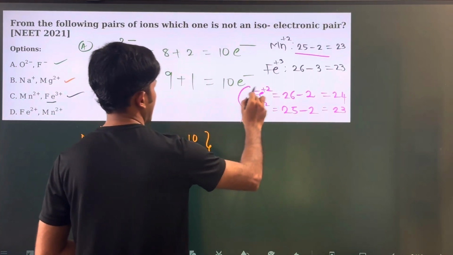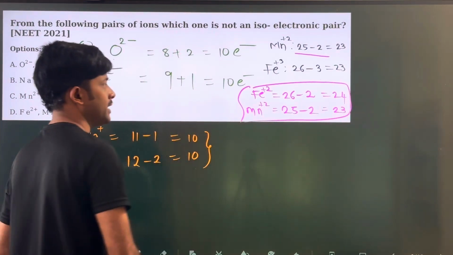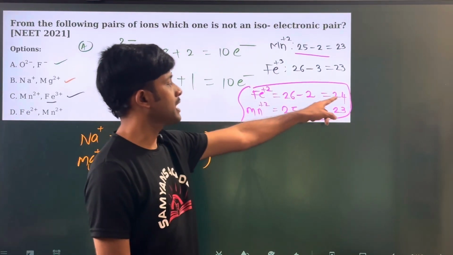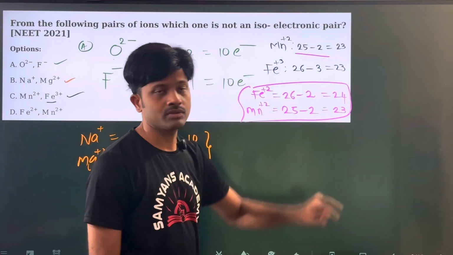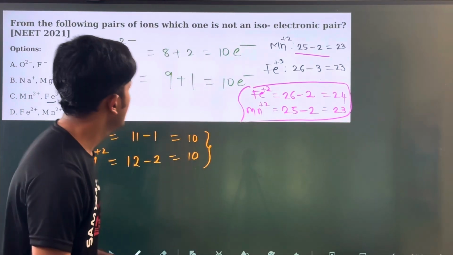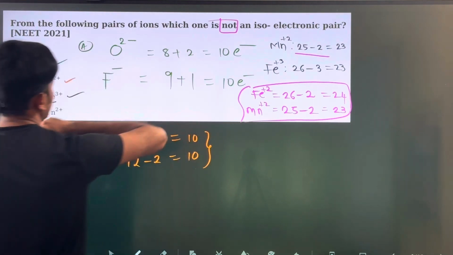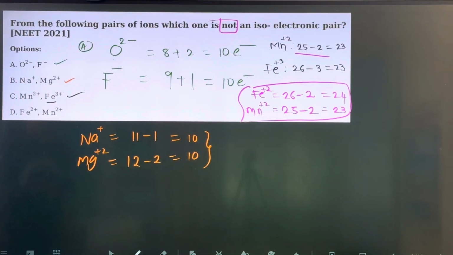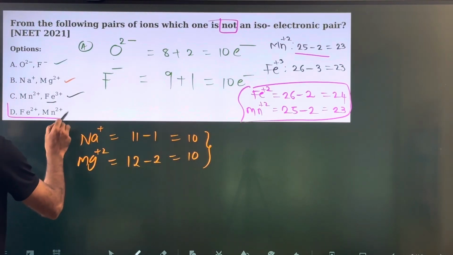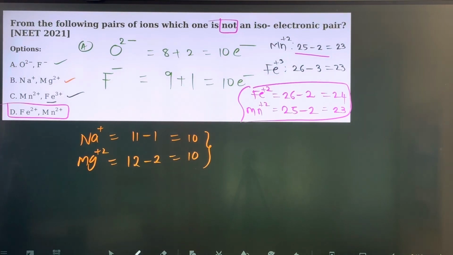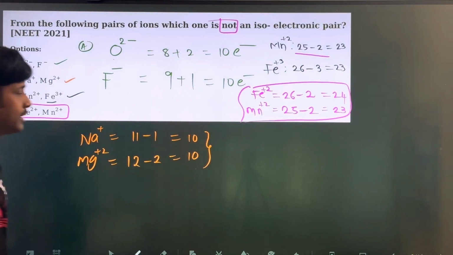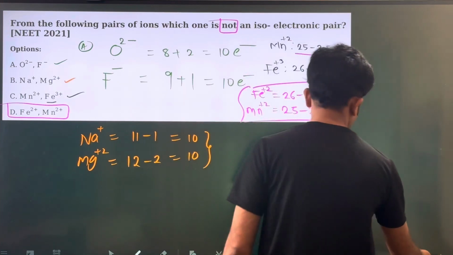So these two ions do not have the same number of electrons: iron plus 2 has 24 and manganese plus 2 has 23. In the question they asked which pair is not isoelectronic, so Fe plus 2 and Mn plus 2 is our answer. Is it clear, everyone? Okay, move on to the next question.